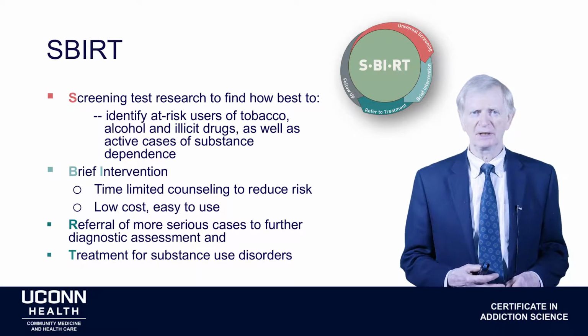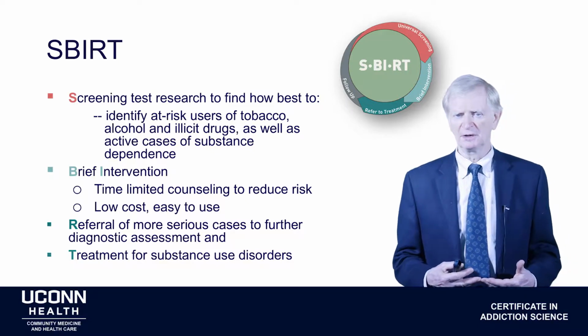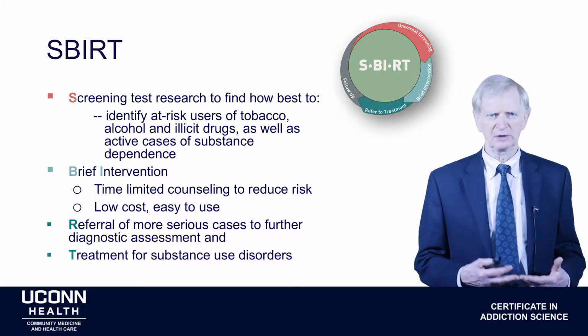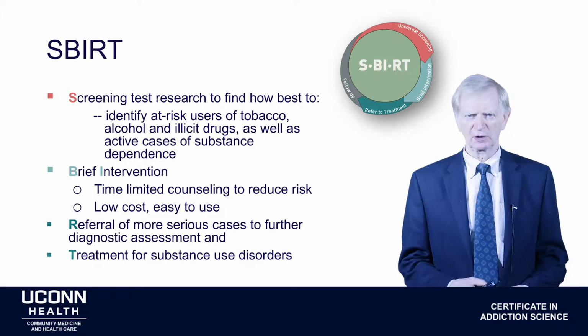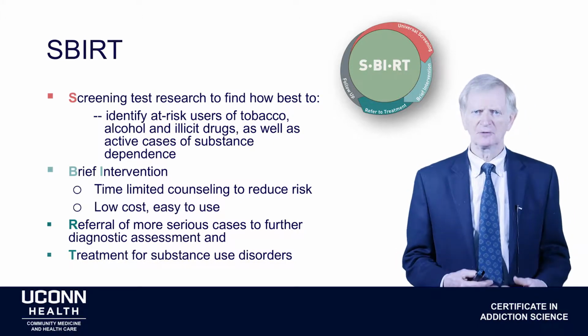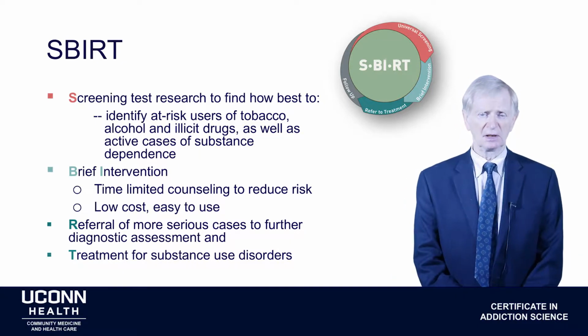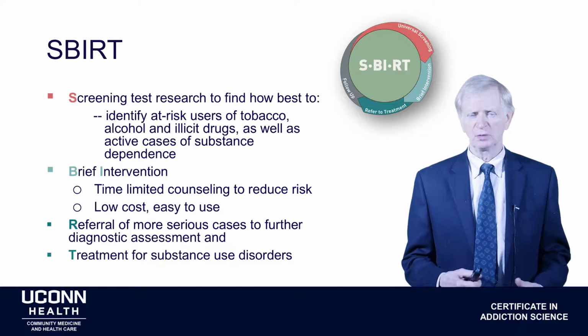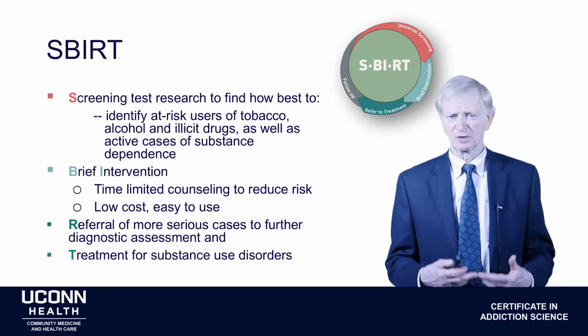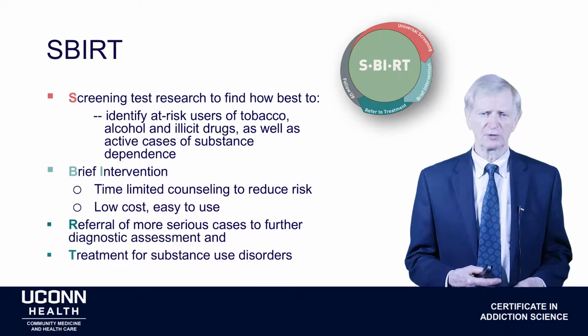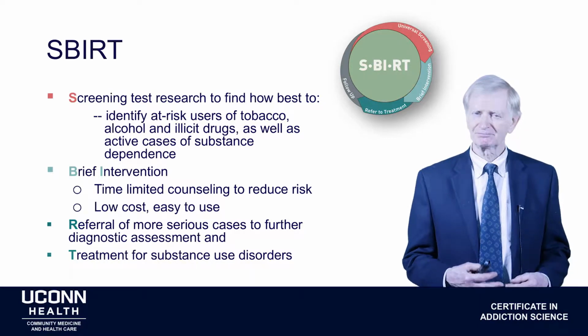And we know that many people, once they get started smoking tobacco or using alcohol or illicit drugs, are not necessarily addicted. And if we could identify them at an early stage in the development of their use, we might be able to prevent, through an intervention, the further development of dependence.